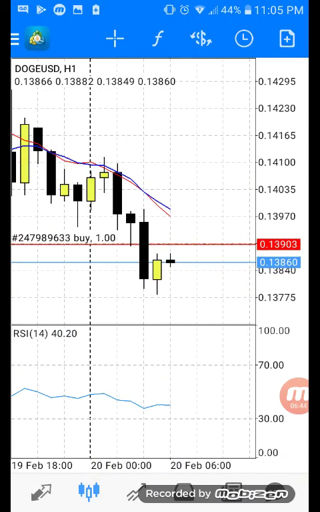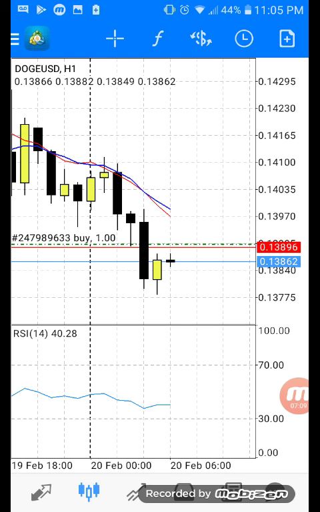With Bitcoin and stuff, I think it's at 40,000 right now. It hasn't really been going anywhere lately. Same thing with Dogecoin, it's been kind of weird lately. So we haven't really been trading Dogecoin and Bitcoin, but we're going to start picking up and trading them again.